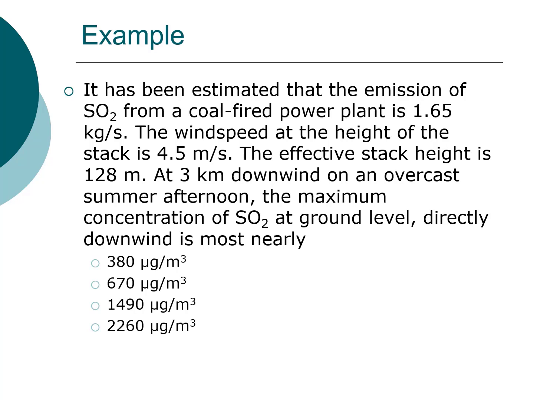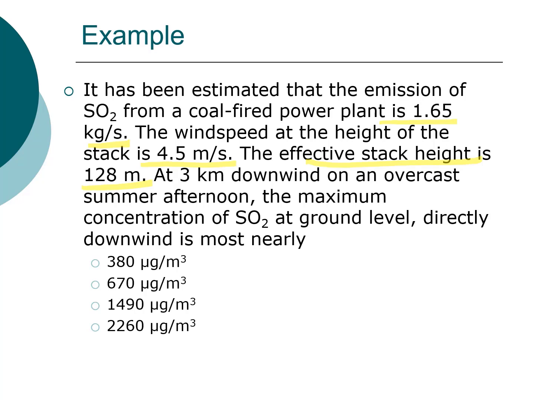It's been estimated that the emission of SO2 from a coal-fired power plant is 1.65 kilograms per second. The wind speed at the height of the stack is 4.5 meters per second. The effective stack height is 128 meters.